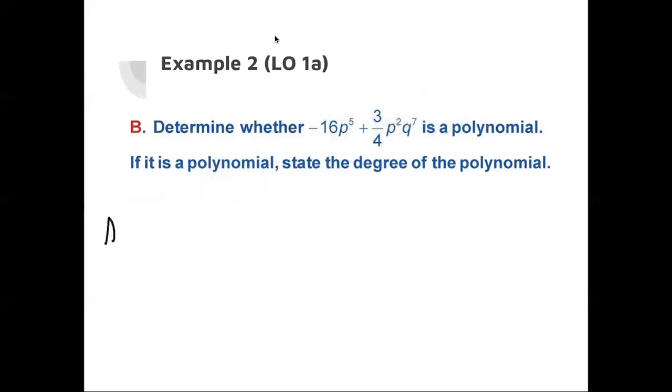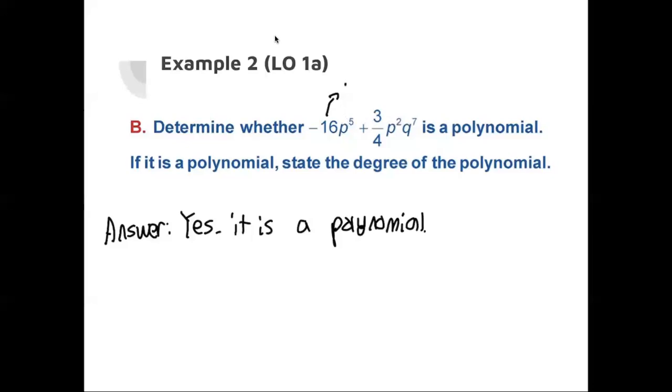So we're going to say yes, it is a polynomial. But it asks you the second question as well. If it is a polynomial, state the degree of the polynomial. What is the degree? It is the highest exponent of a term, right? Okay, let's look at the first term. What is the exponent of this? It's 5, right? What about the second term?